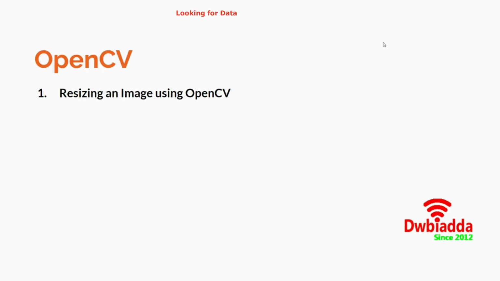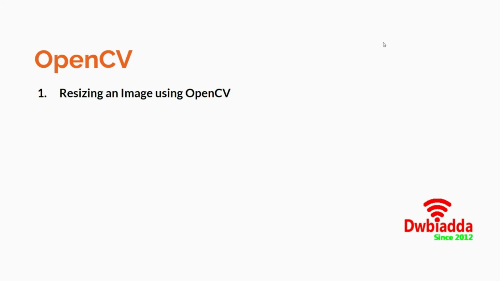Therefore, people resize an image before using concepts such as convolutional neural networks or transfer learning, because it helps them speed up the training process. So this is why resizing an image is extremely important, and we will be doing the same using OpenCV.